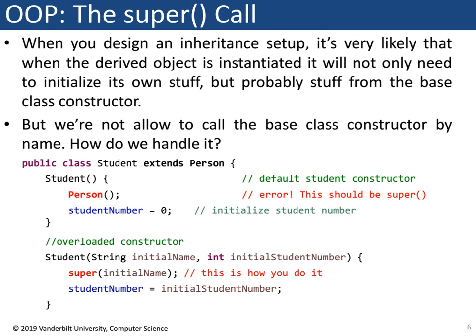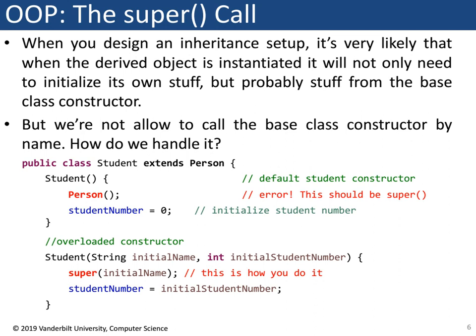And then after we have appropriately constructed our super object, all of the components which we are inheriting from the superclass, we then need to construct or initialize all of the pieces of student which are extensions of person. So the things which we've added. So we have to initialize our student number.